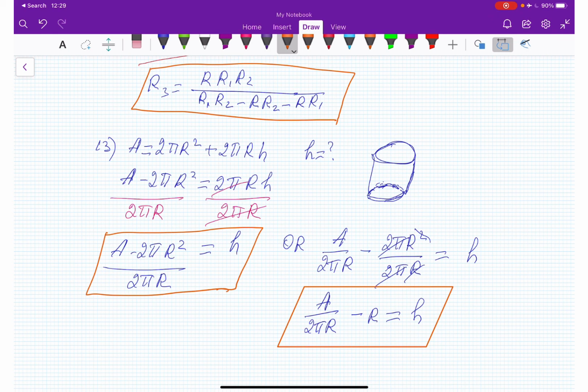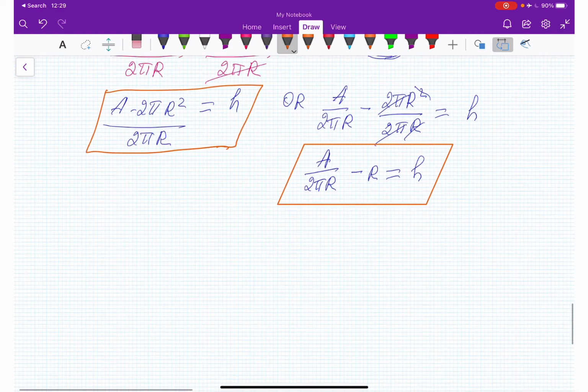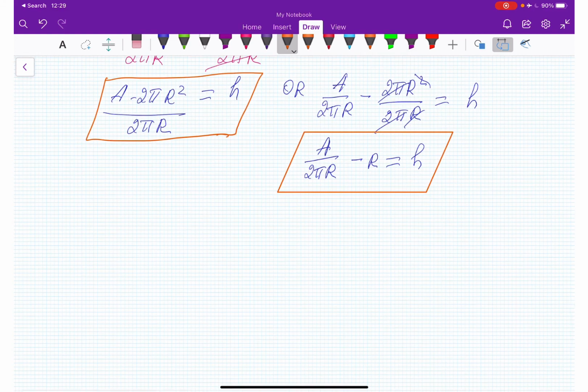All right, and the very last one, formula for sphere. So, question number 14. Let me see if I can draw a sphere.